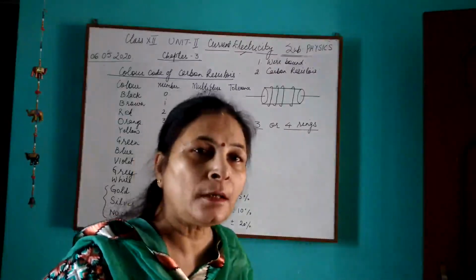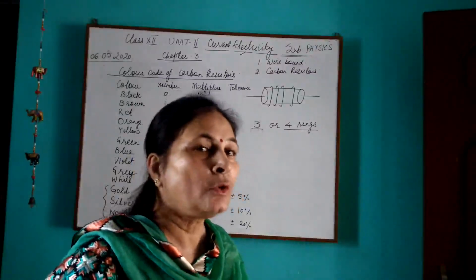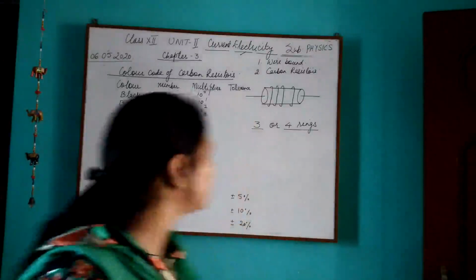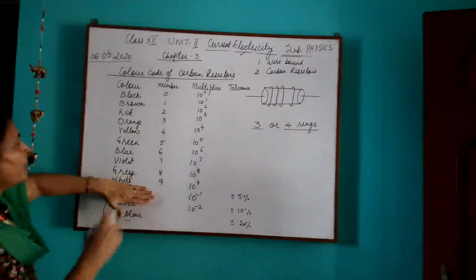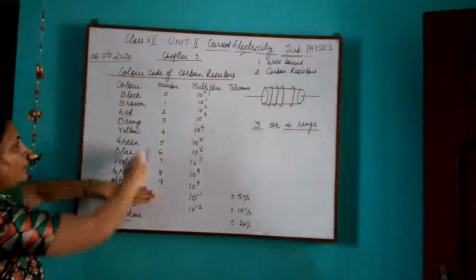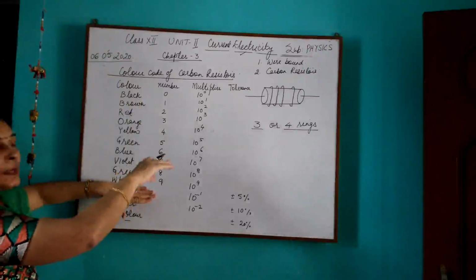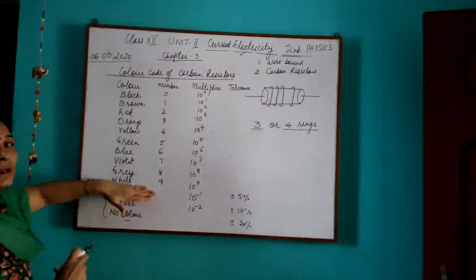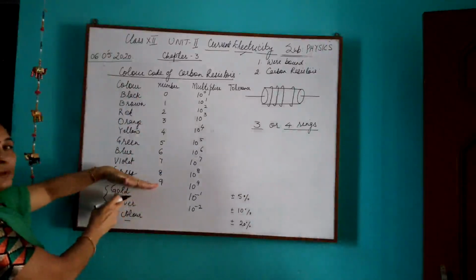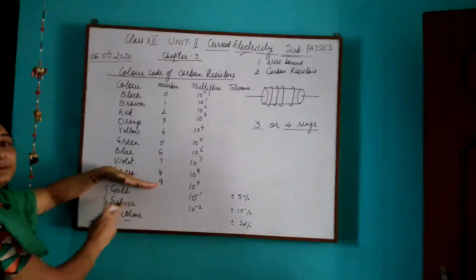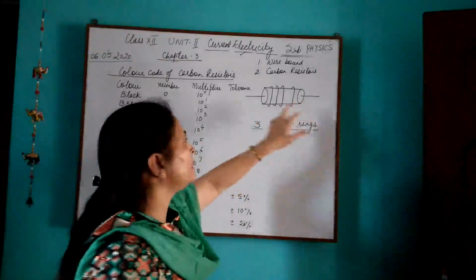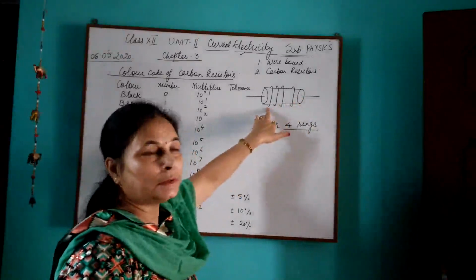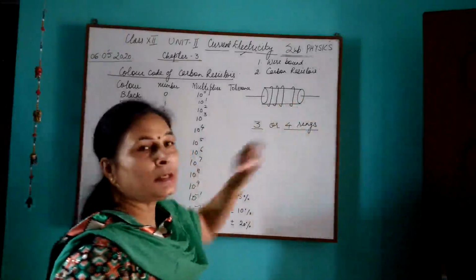But if they are in continuation, then you will have to read the colors from these colors only. That is, if you are having any of these colors on any one of the sides, you will read from these colors. You will not read from golden side or silver side. So if there is a distance, then it is very much clear that you will start reading from this side. So 3 rings are there.